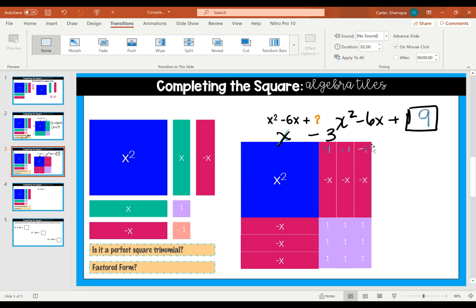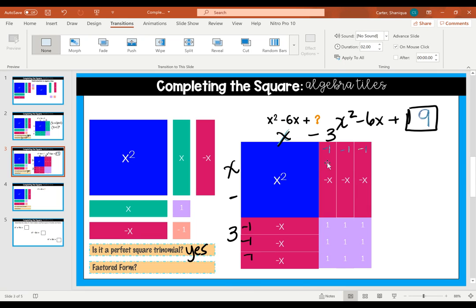If this has a side length of x minus 3, guess what this has a side length of? x minus 3. So let me write it like this. Both of these have a side length of x minus 3. So yes, it is definitely a perfect square trinomial, but let's factor it.